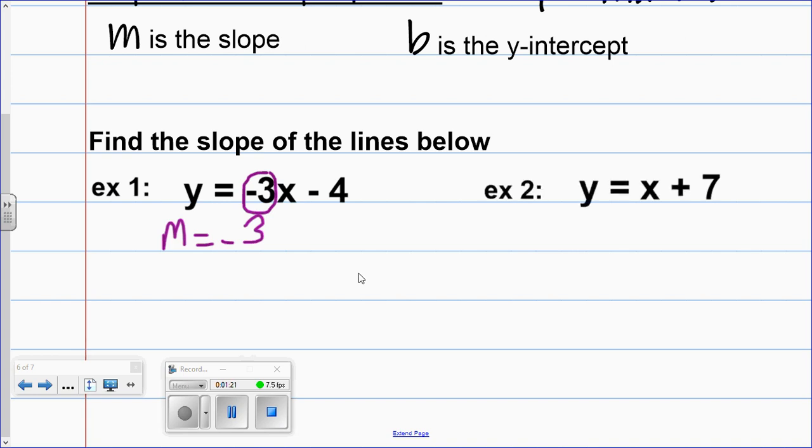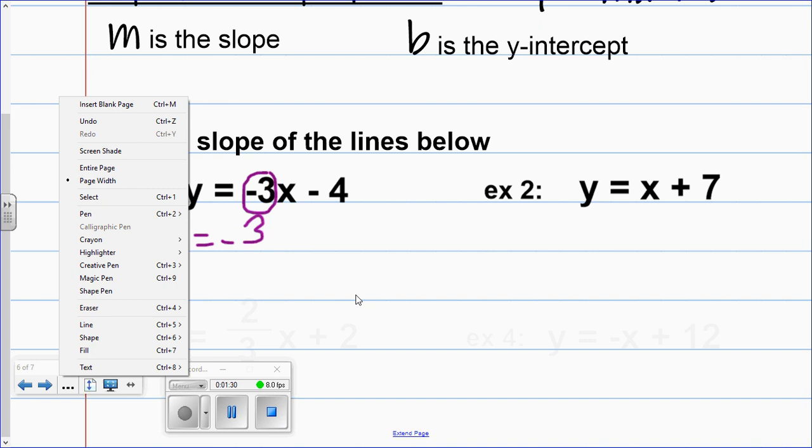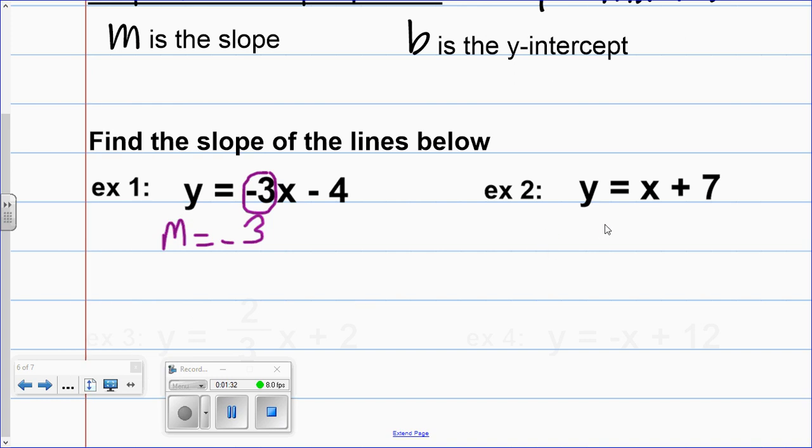Example 2. We want to know if we have the equation y equals x plus 7, what's the slope. Looking at that one, remember we need to know what's the number in front of the x. Well, in this case, there is no number written here.